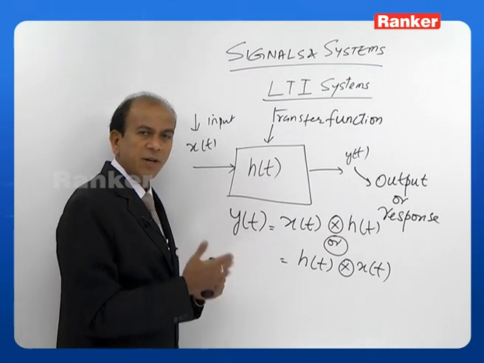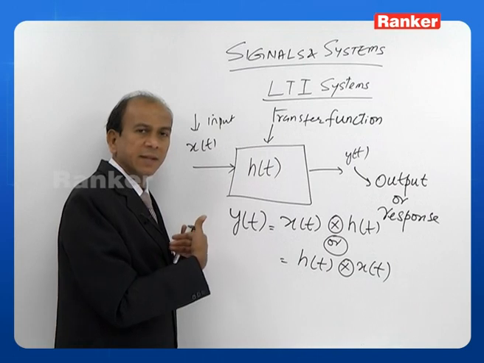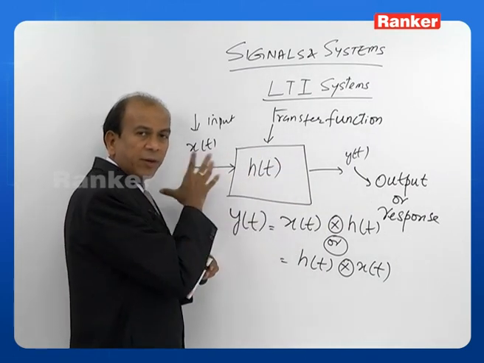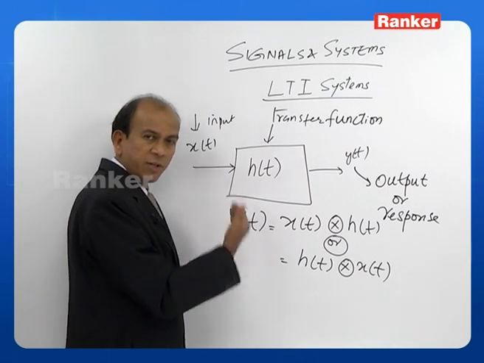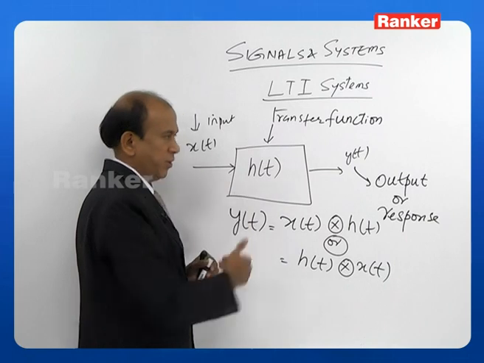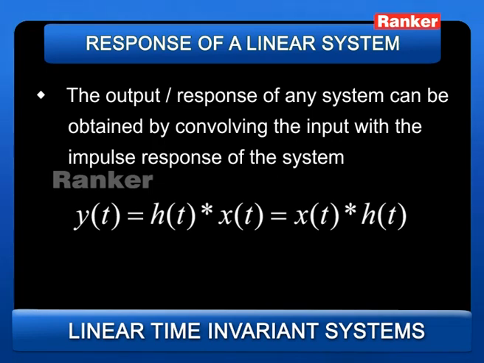So, the convolution integral is very important here. The convolution helps us in getting the output of a system given x of t, which is a known function, and also the transfer function of the system, which is also a known function. Here in the slides we are denoting convolution by the asterisk or star symbol.